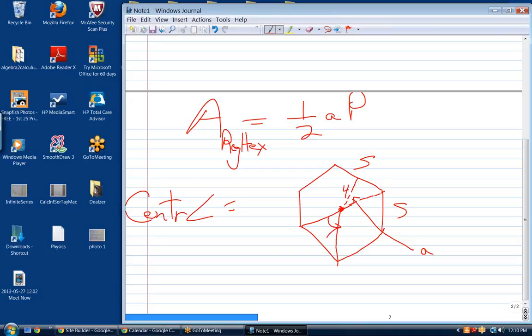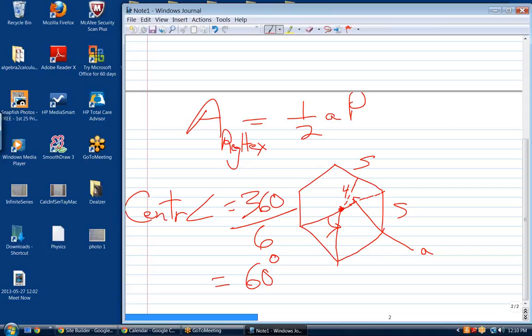Would it be 720? How many degrees are in the whole circle? 360 in this circle. How many of these angles are there to make up that whole circle? Oh, 6. Okay, 360 divided by 6. So there's your central angle.